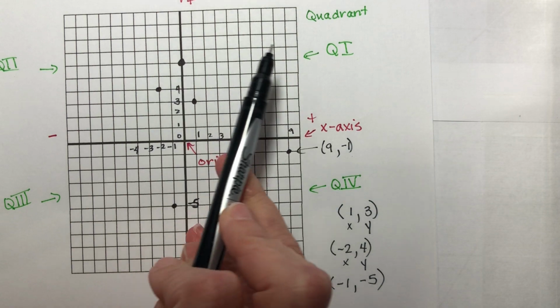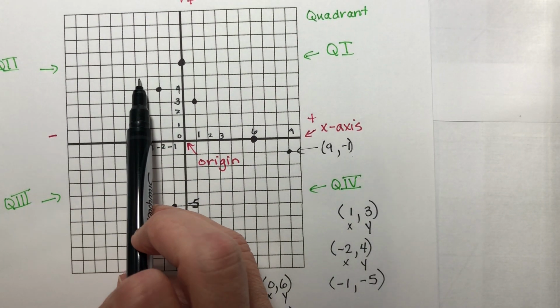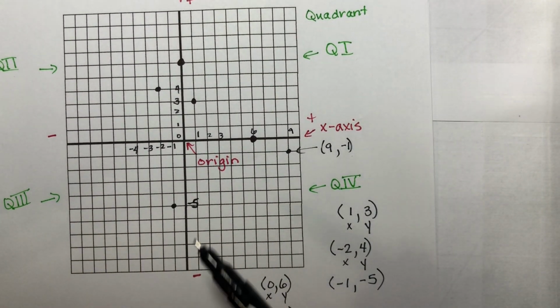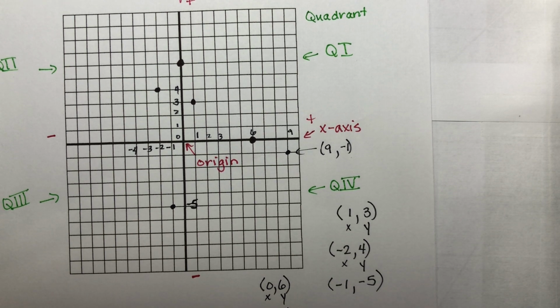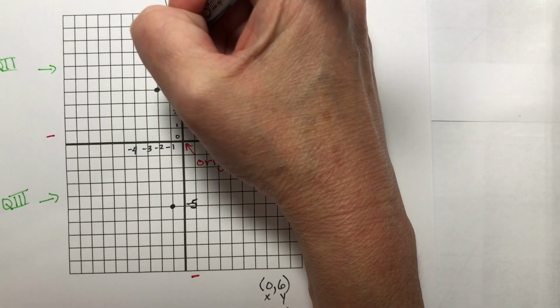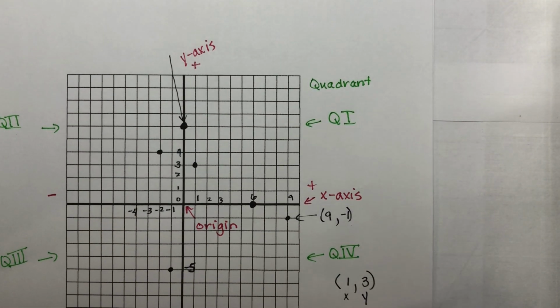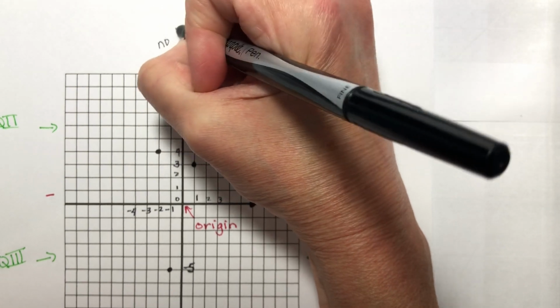You look at this and go, well, it's kind of in quadrant 1, it's kind of in quadrant 2, what do I put? You're going to have 5 options, not 4. Your options are going to be quadrant 1, quadrant 2, quadrant 3, quadrant 4, and no quadrant. If your point is on an axis line, this is in no quadrant.